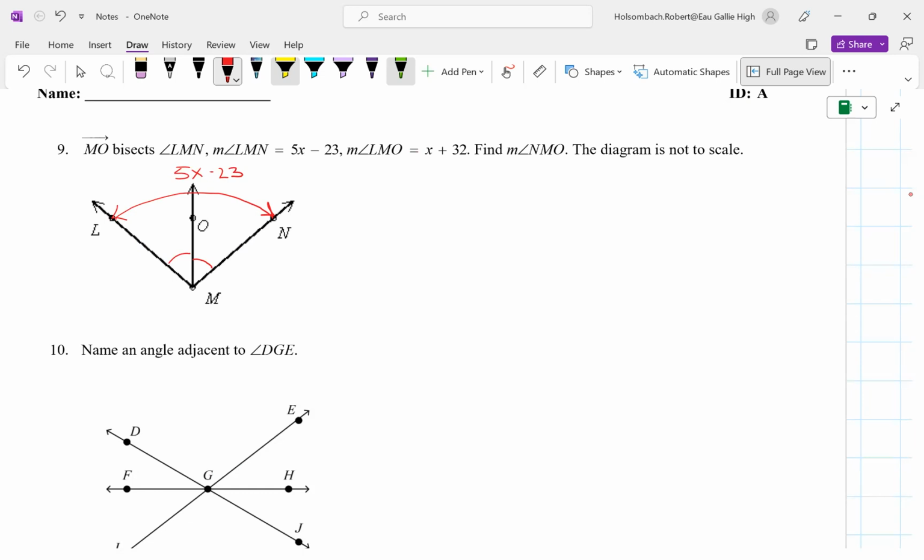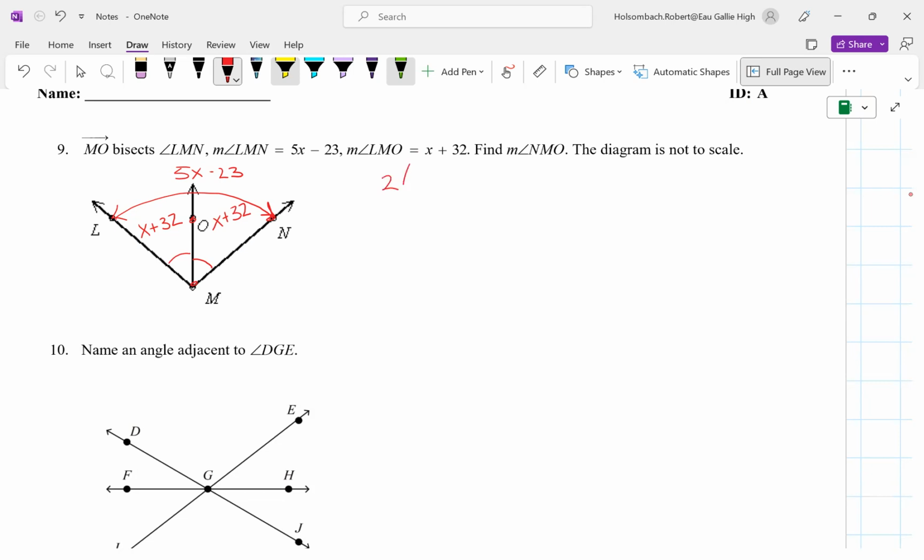LMO equals x plus 32. Find the measure of NMO. Well, if the two angles are congruent to each other, then this angle equals NMO. The expression we can use is x plus 32 again.